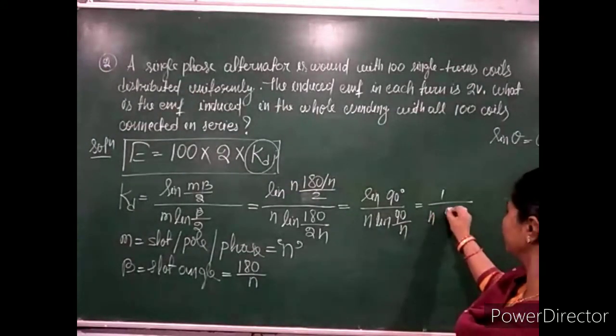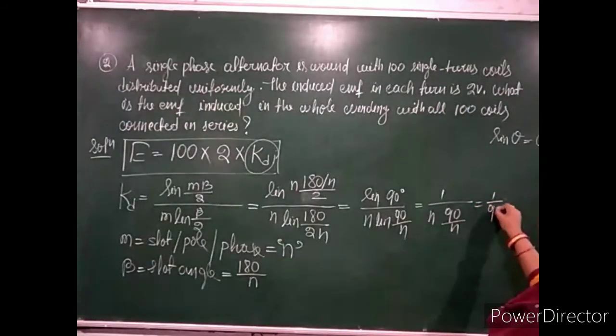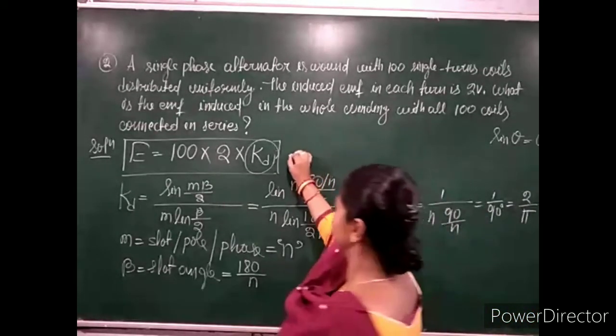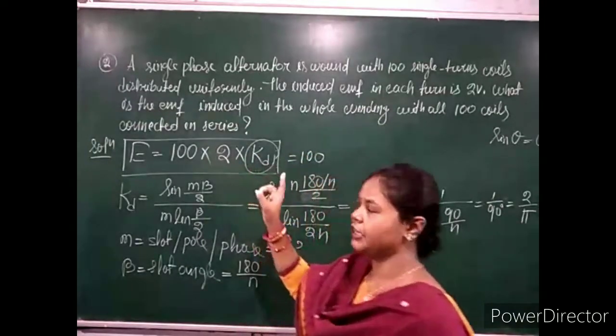So it is n times 90 by n, which gives 1 by 90 degree, or you may write it as, 90 degree is pi by 2 radian. Here you take 2 by pi, in place of 1 by 90 degree in radian, and put the value in this EMF generated equation.